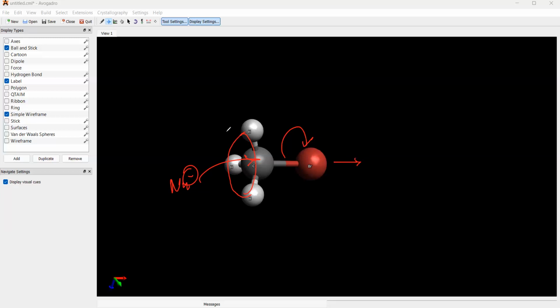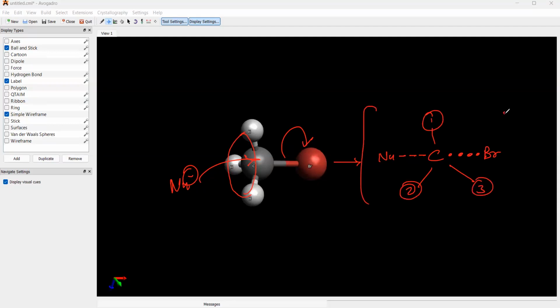It will not leave directly, but rather you will have carbon and the hydrogens like this. There will be bond breaking between carbon and bromine, and there is formation of a bond between carbon and the nucleophile, like this. The dashed line shows bond formation, and C-Br is bond breaking. Here 1, 2, 3 are as it is.